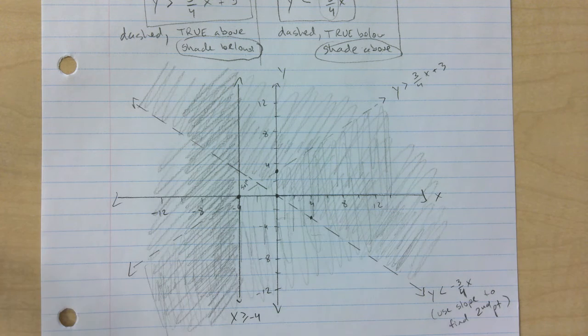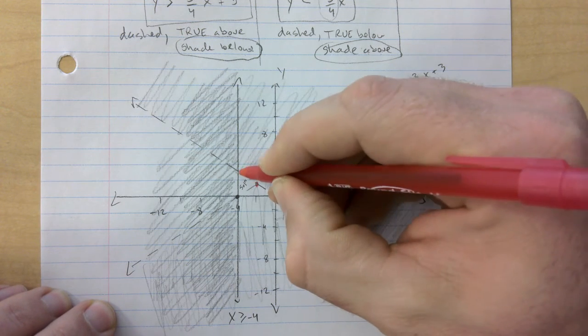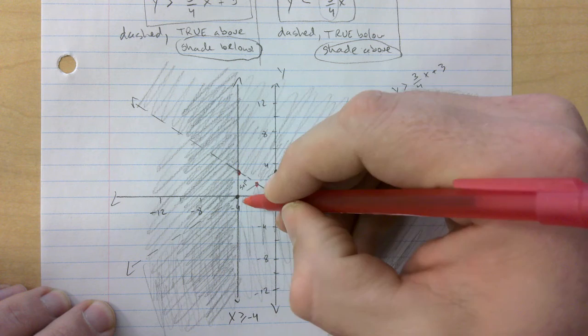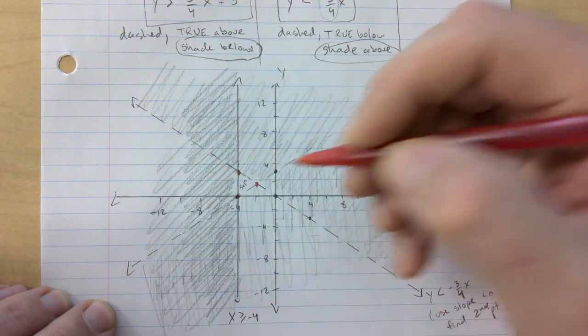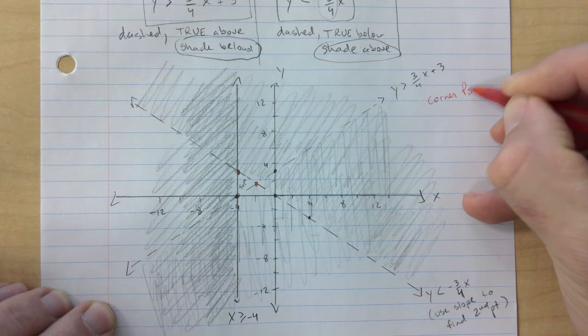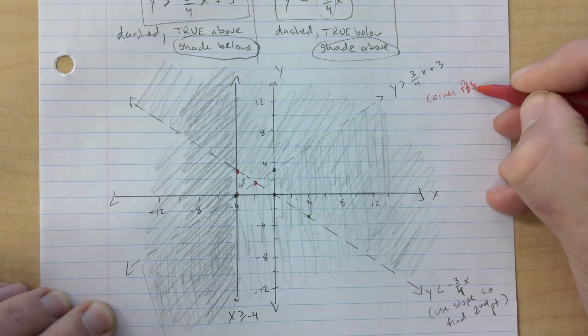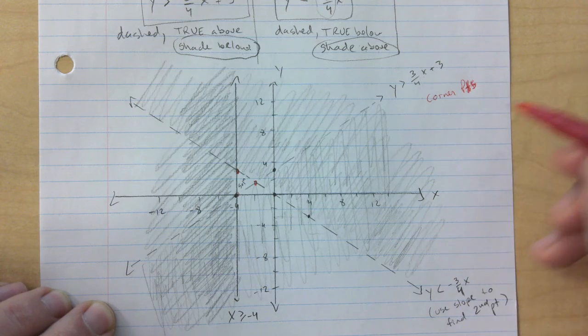So you have 3 corner points to find, and that's mostly going to be the case if you have 3 lines. So, corner points.